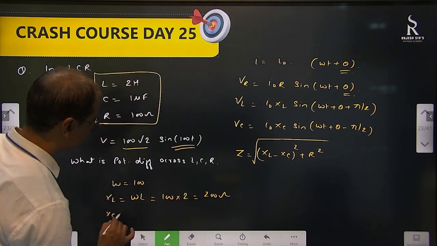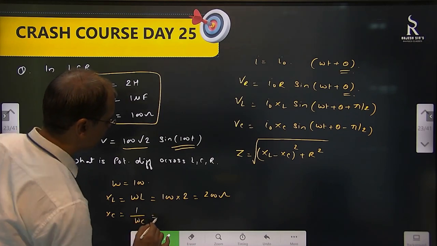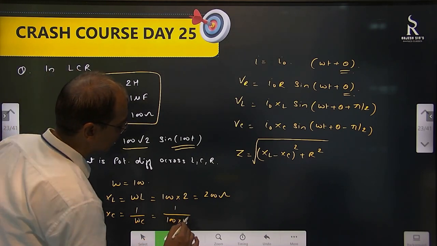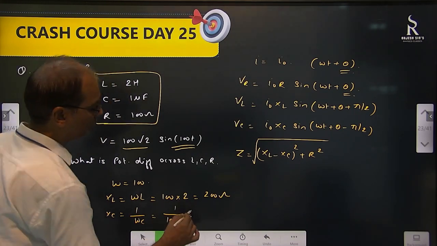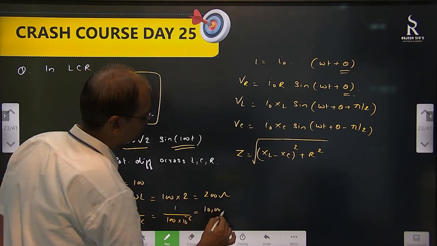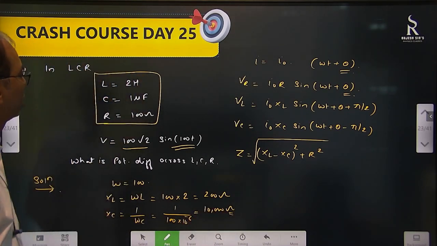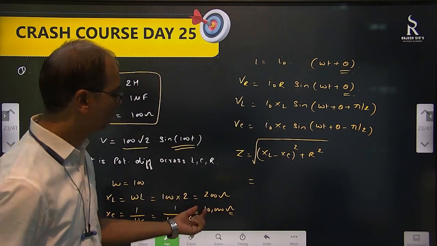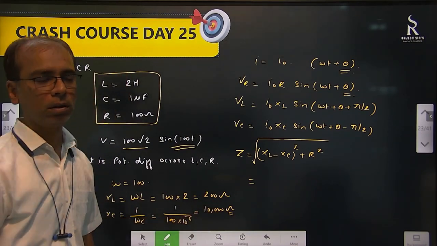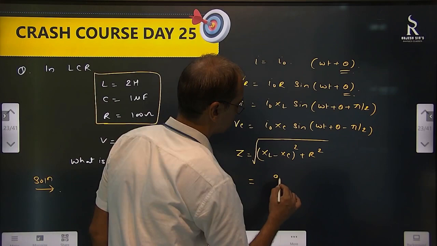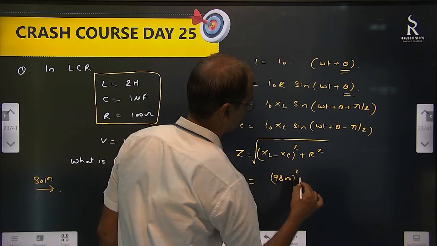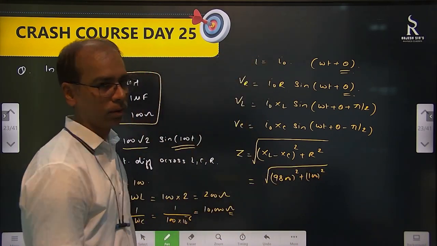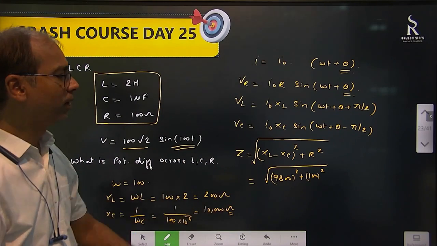XC is 1 by omega C, that is 1 by 100 into 1 microfarad, 10 to the power minus 6, so this becomes 10 to the power minus 4, it will become 10,000 ohm. And resistance is given 100. So this is XC minus XL actually, 10,000 minus 200, 9,800. 9,800 square plus 100 square. A big value is there. I'm not going to calculate it now. We'll leave it. This is the Z value.